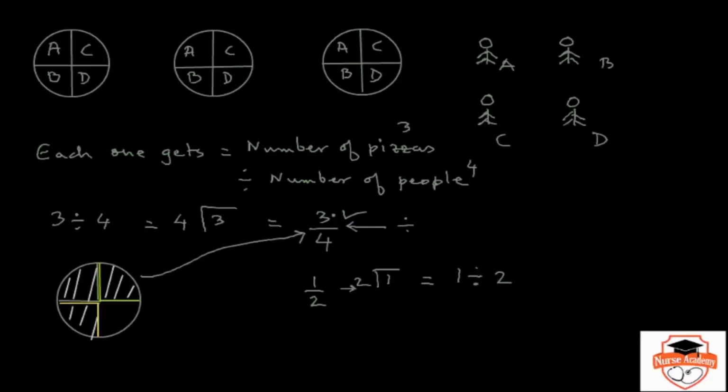When the number of pizzas, which is the number on the top, the numerator, is smaller than the number of people sharing them, which is the number on the bottom, the denominator, each one gets less than 1 whole. They couldn't even manage 1 whole pizza for themselves. They had to share.